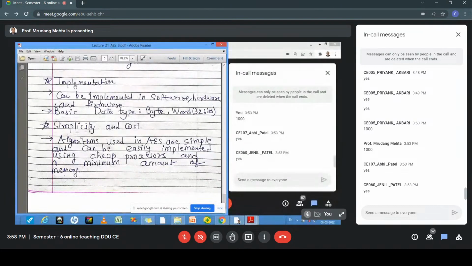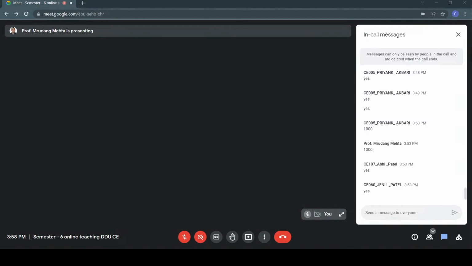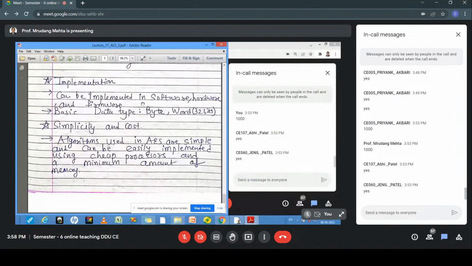Another thing is regarding the implementation. It can be implemented in software or as hardware. So you can have a system on chip. There is a term called system on chip, embedded systems. These are basically pure hardware used for encryption and decryption.